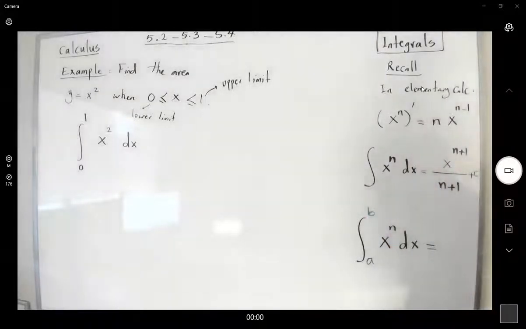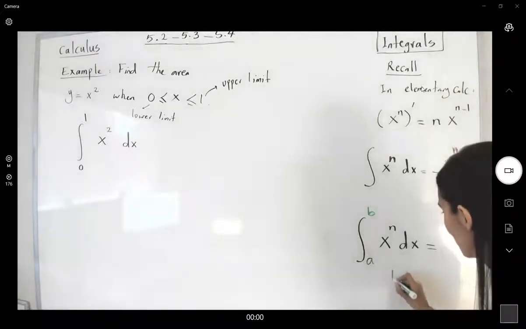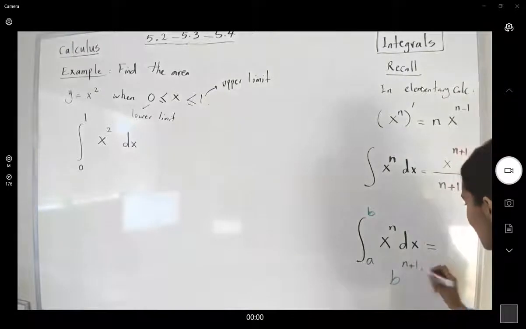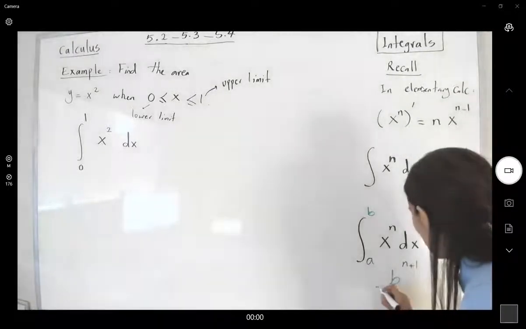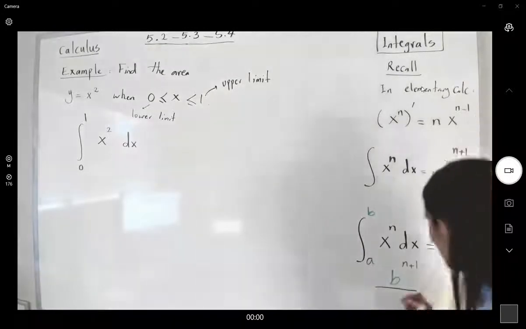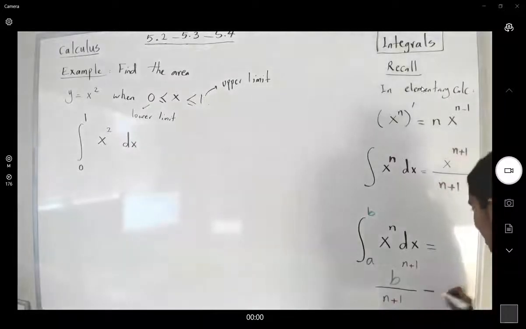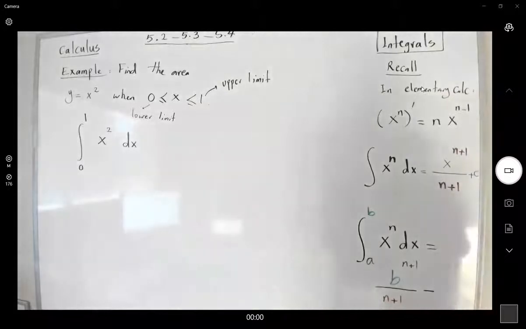It's equal to b raised to n plus 1, divided by n plus 1, minus the lower limit raised to n plus 1, divided by n plus 1.